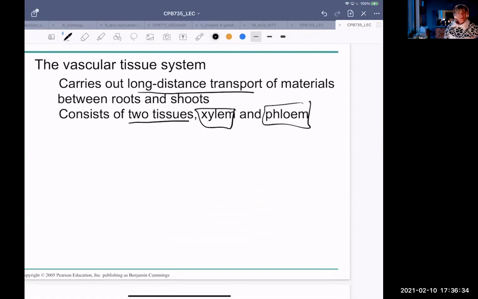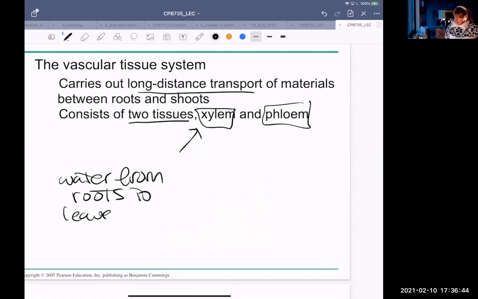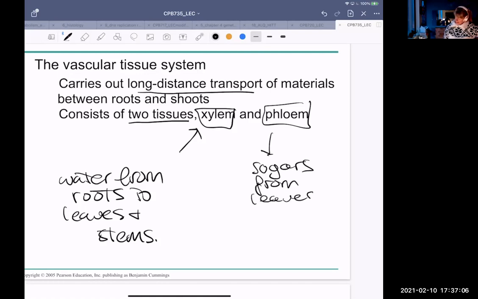Xylem takes water from the roots to leaves and stem. Always remember that. Xylem reaching to the sky. And phloem is the vascular tissue that transports sugars from leaves to stems and roots.